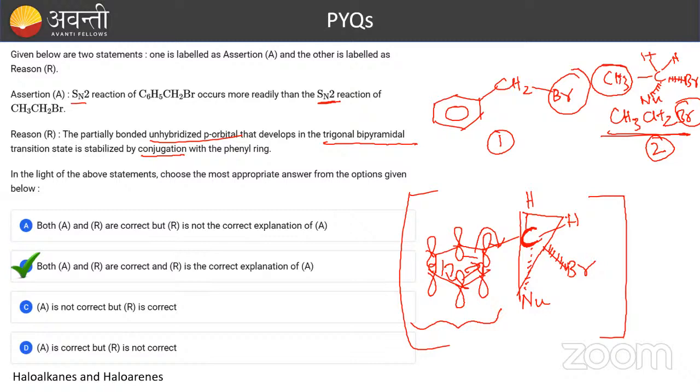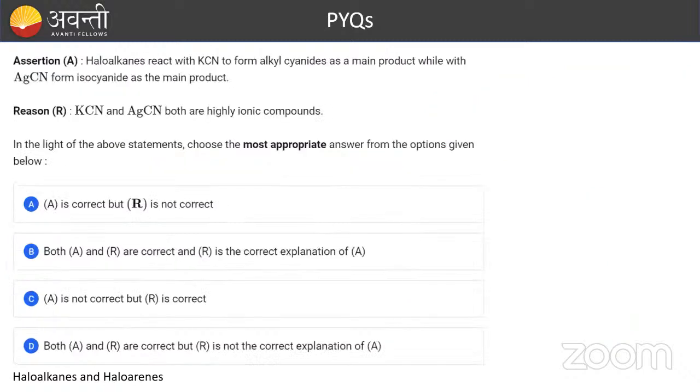Yes? Okay. Coming to the next question, again an assertion-reason type question. The assertion says haloalkanes react with KCN to form alkyl cyanide as a major product. What is meant by haloalkane? RX.